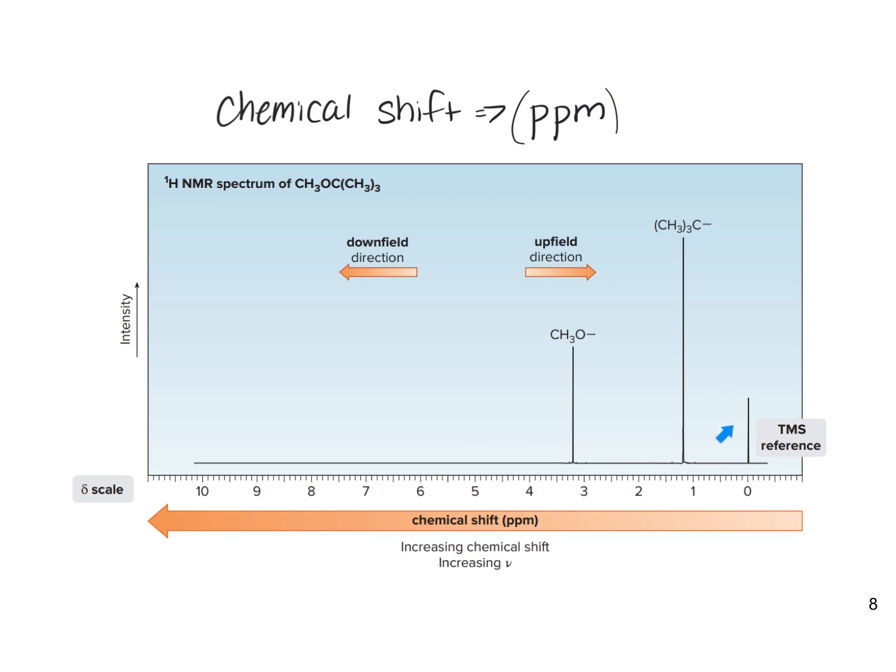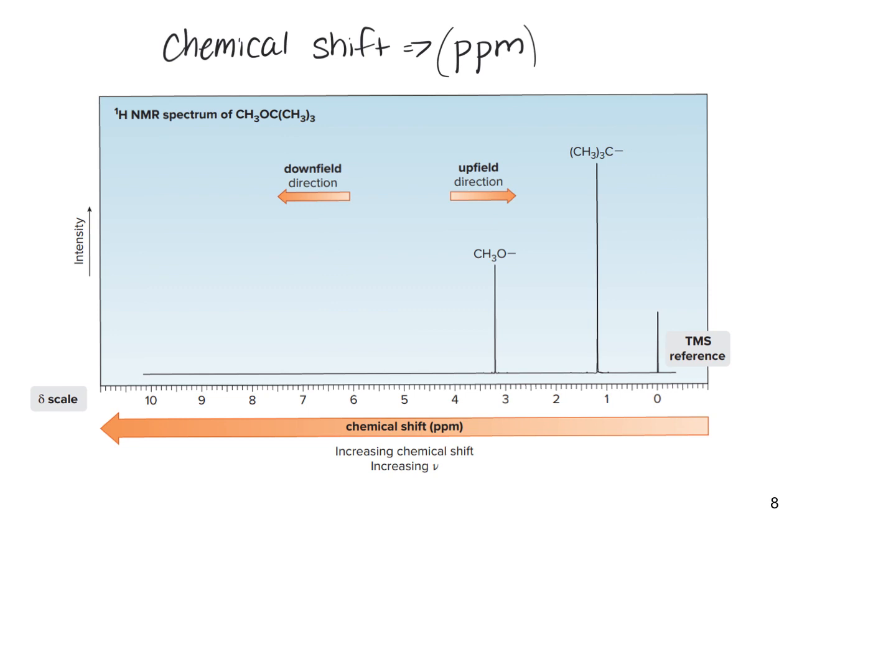I want to point out that you have a reference sample here. The reference sample is an external sample that's added to the tube prior to the NMR. It's called TMS, which stands for tetramethylsilane, and it's just added to the tube prior to the NMR measurement.